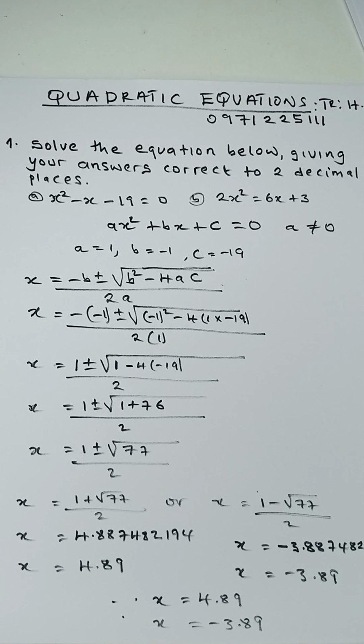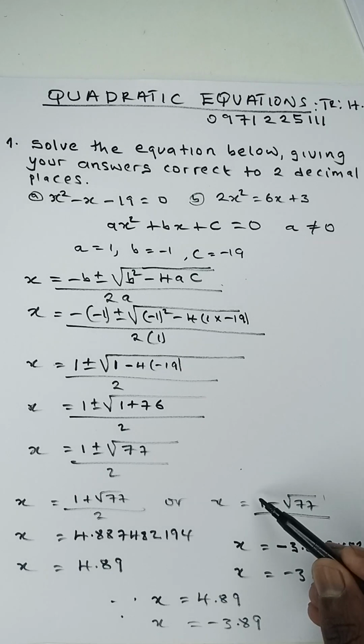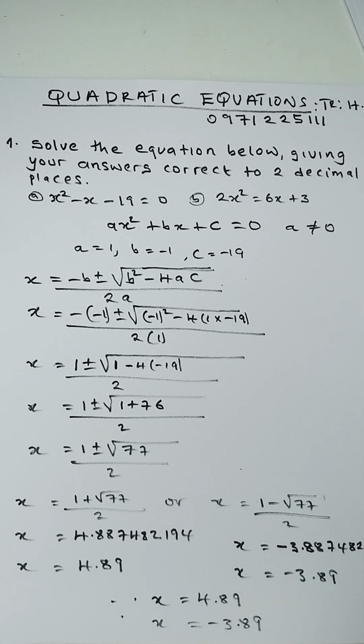Now what you need to pay attention to at this point: you take your time, punch on the calculator 1 minus the square root of 77, and have your answer first. When you get your answer, then divide it by 2. Do not go direct, as in 1 minus the square root of 77 divided by 2.